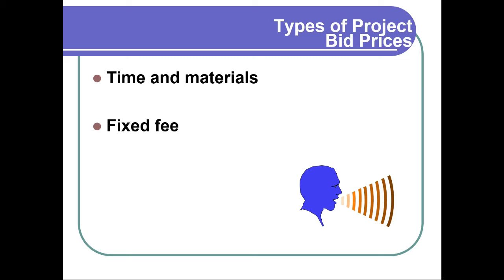So what a client might do is do a fixed fee. That basically says, whatever it takes, you give me an estimate, and then that's what I'm going to pay. And if it takes you more quickly than that fixed fee, good. If it takes you longer than that, well, that's good too, but I'm only going to pay what we agreed on for the fixed fee.